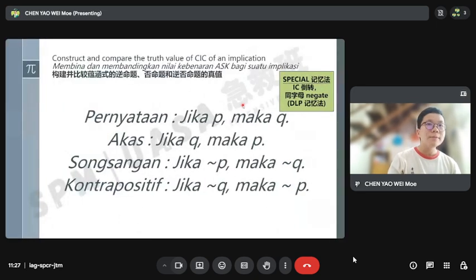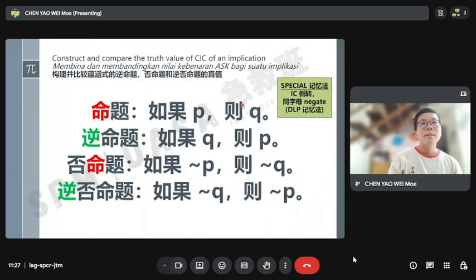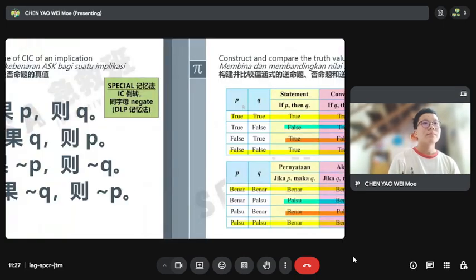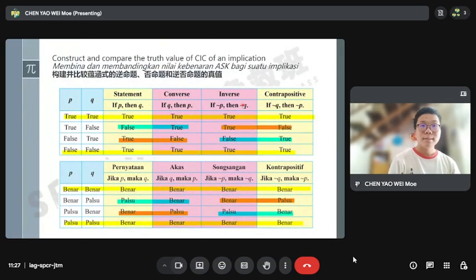We can use these four conditions to determine the truth value. This table seems very hard to remember, but actually it is like this. If the two statements are both true or both false, the implication is true.